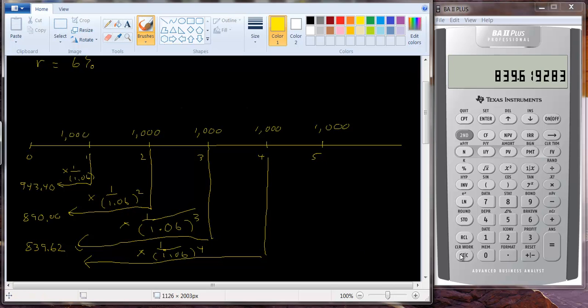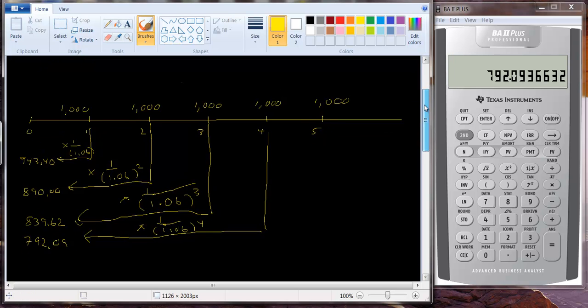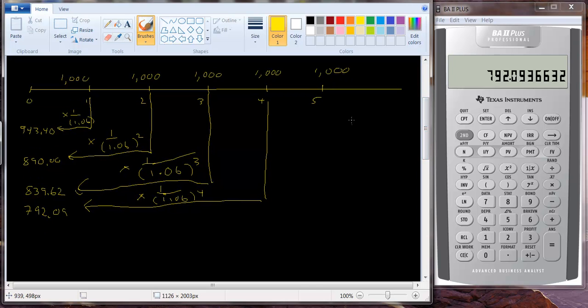So we take 1.06, again raise it to the 4th power, flip it over, multiply it by 1,000, and we get 792 and 9 cents. And fortunately, we're getting to the last cash flow.